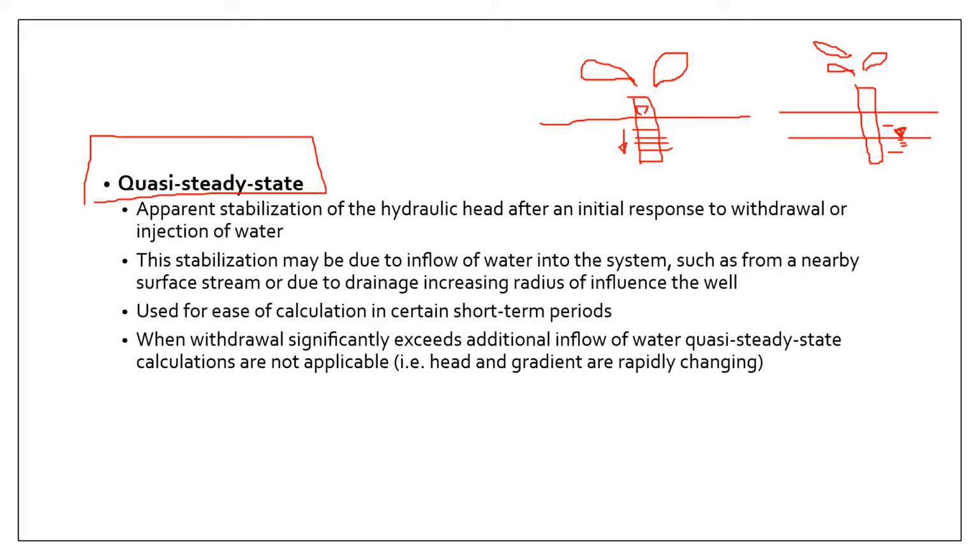All right, so what are the factors that affect the stabilization of water level? It could be due to inflow of water into the system, such as a nearby surface stream, or due to the increasing influence of your pumping.